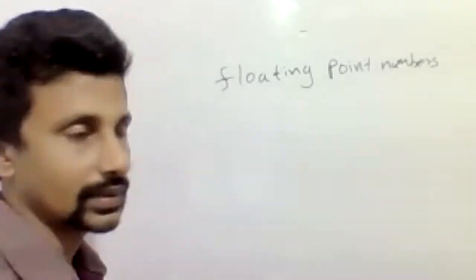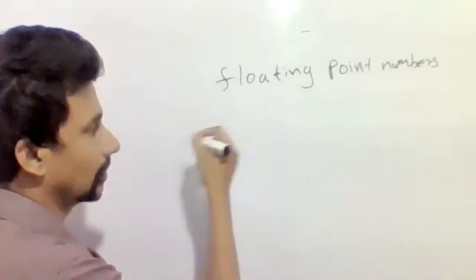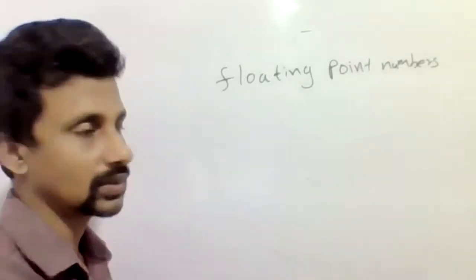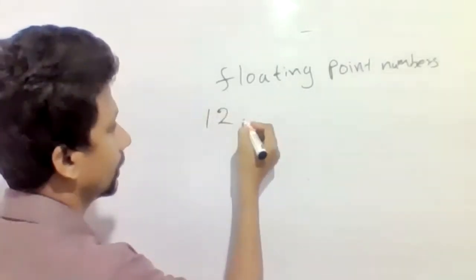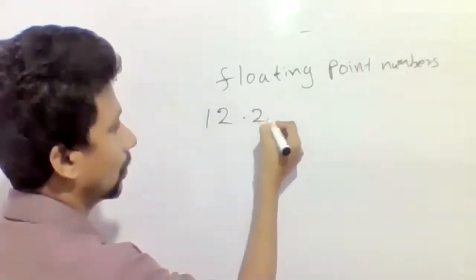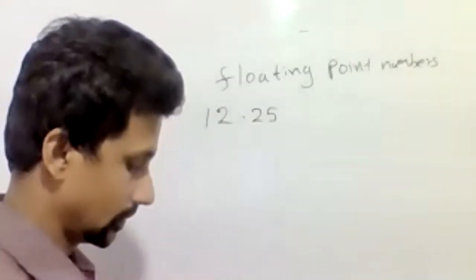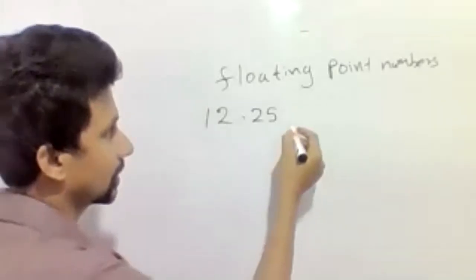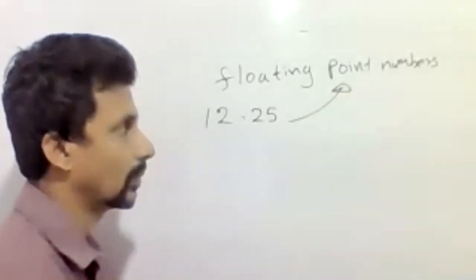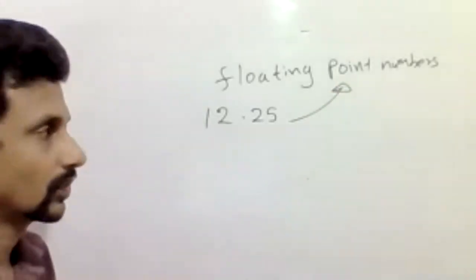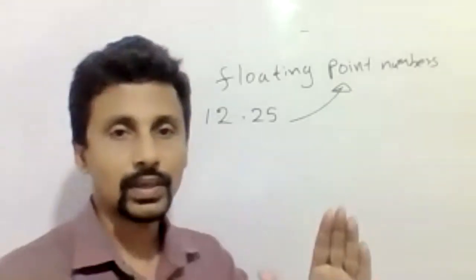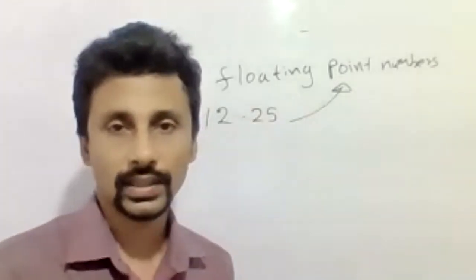I'm getting a number first. I'm taking the positive value 12.25 to single precision floating point. First step is you have to convert it to binary.